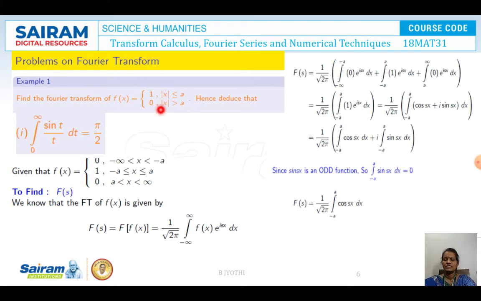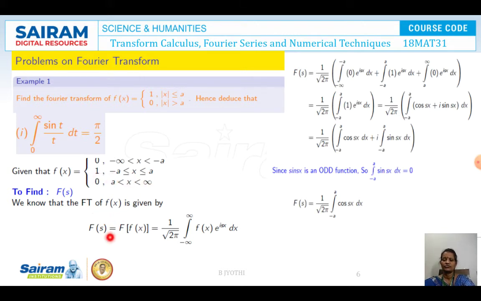When we split this modulus of x, from minus infinity to minus a it is 0, only from minus a to plus a it is 1, and in the rest of the places it will be 0. That is, before minus a it will be 0, and after a also it will be 0. We get 1 only when it is between minus a and plus a.